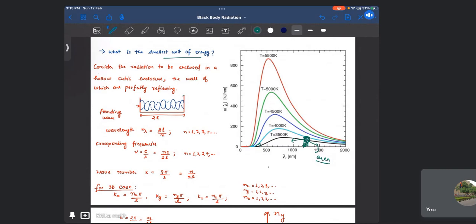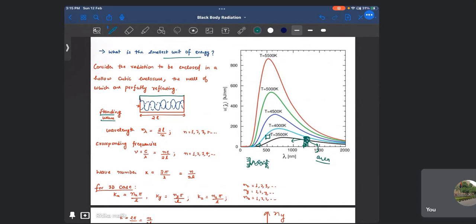We consider that there is a box inside this area, and since the wave is emitted in the form of electromagnetic radiation, we have formed a wave, and we have considered that the box has reflecting walls, so it's a cavity, and now it is reflecting from both sides. So a standing wave is formed inside this cavity, the wave that is emitted.